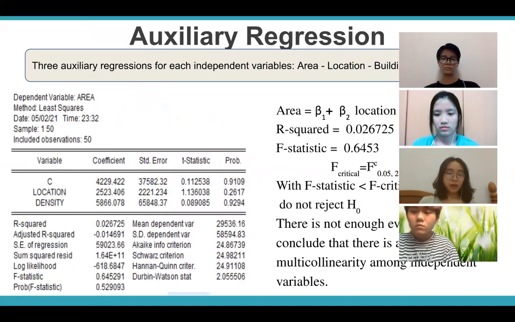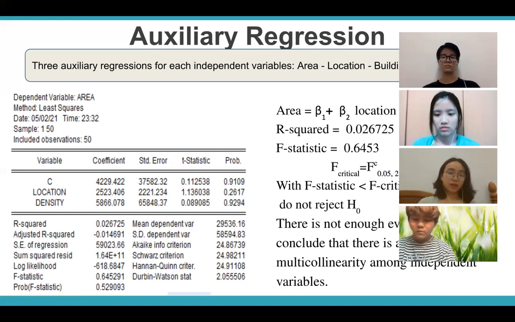For each independent variable, we set the hypothesis test, in which H0 is that there is multicollinearity in our model, and HA is that there is no multicollinearity in our model. For area, the F statistic is equal to 0.6453.